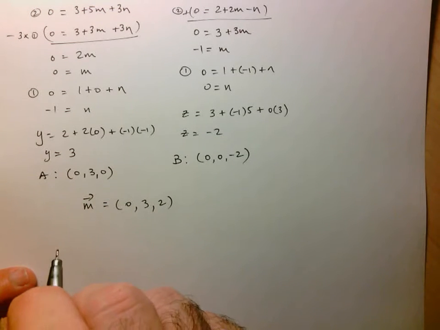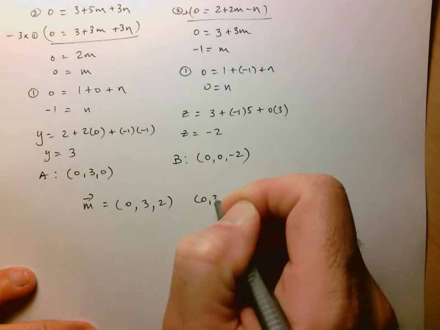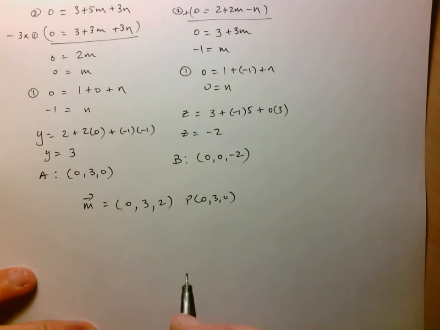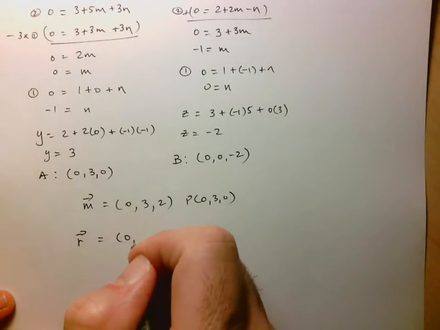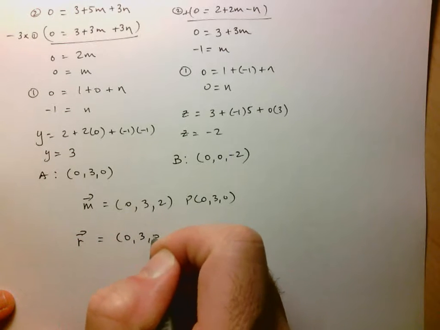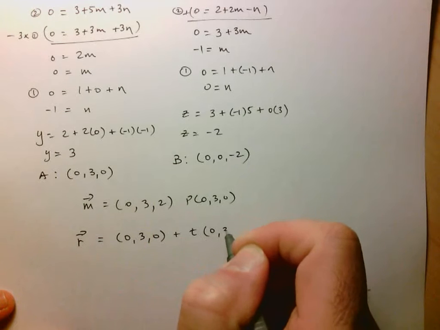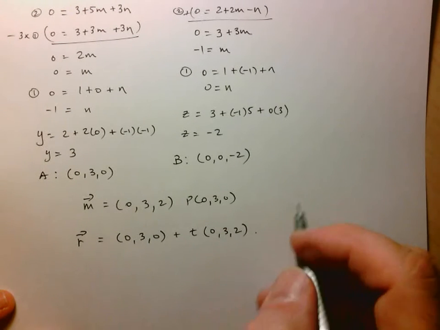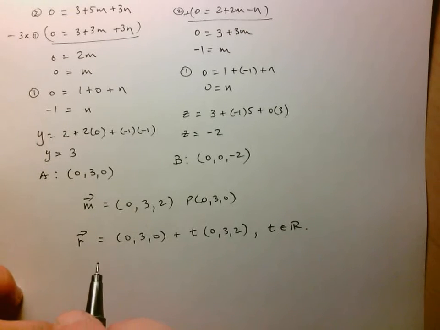So there's our direction vector, and choose either one of these 2 points. I'll choose 0, 3, 0 as my point P. And so the equation of my line is given by 0, 3, 0 plus t times 0, 3, 2, where t can be any value in the real number system.